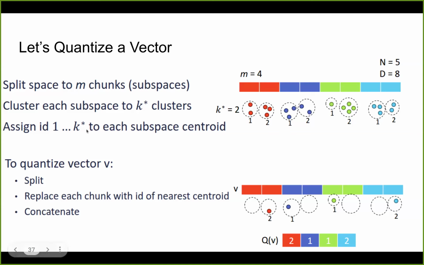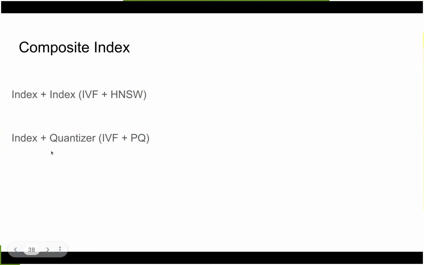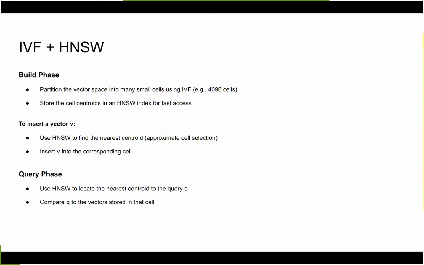So I guess that's it about quantization. I just want to mention that you can combine all of these techniques together. Like you can imagine you have an IVF index plus an HNSW index. Basically, you create very small clusters, and then create an HNSW on top of the centroids of those clusters.